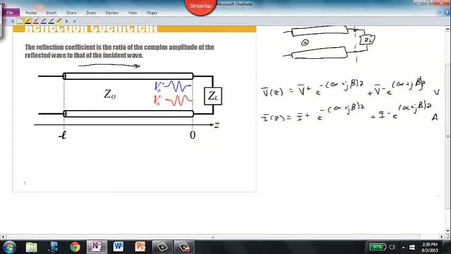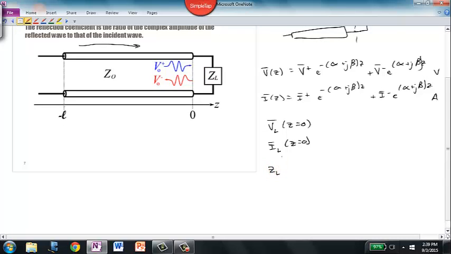So what's the voltage at the load? At the load, z is equal to 0. So the voltage at the load is going to be at z equals 0. And in a like manner, the current at the load is going to be, when we evaluate these equations, at z equals 0.